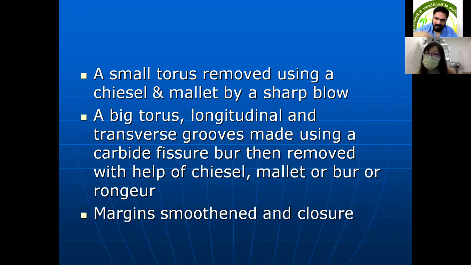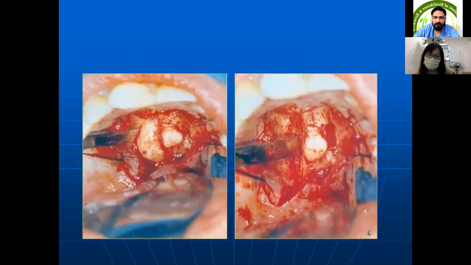Nowadays we sometimes remove it with the burr only. We take a thick carbide burr, a big round burr, and just remove the torus. See, these tori are removed by chisel, just a sharp blow. But there are chances of maxillary fracture or palatal bone fracture in this.